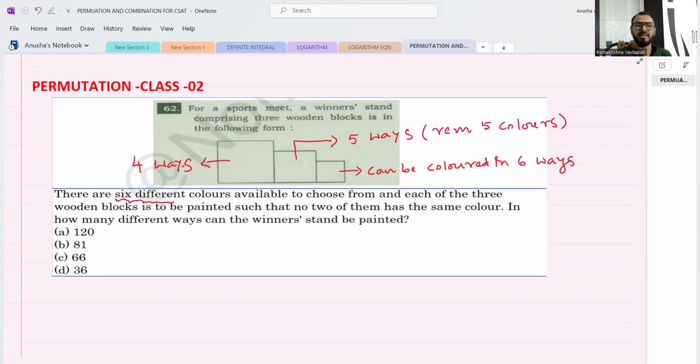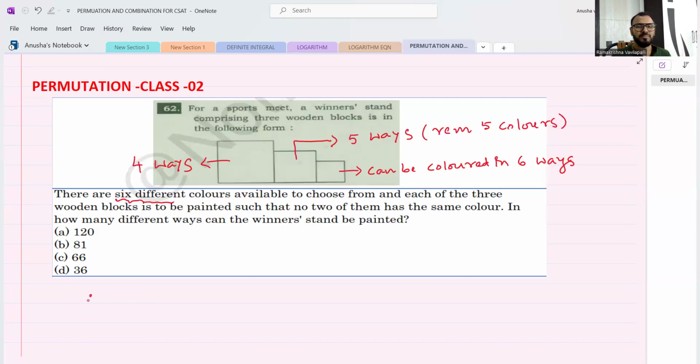So painting each block is a job, a piece of work. There are 3 jobs. The first job is done in 6 ways, second in 5 ways, third in 4 ways. All 3 together can be done in 6 into 5 into 4 ways, since we perform all 3 jobs one after another. This is the multiplication rule.